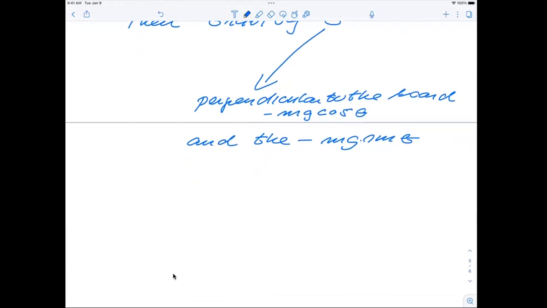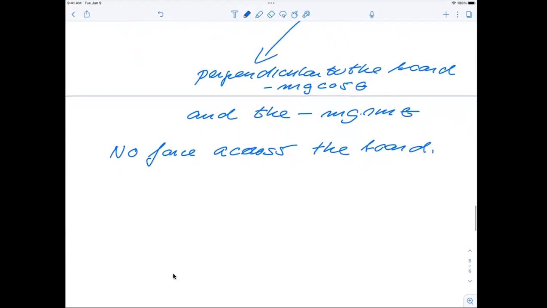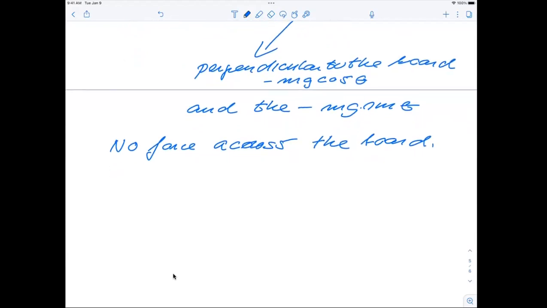So we have no force across the board. If we now think of this system in the following way, we would have a position r, the initial conditions, defined by an object which is at rest, 0, 0, 0.